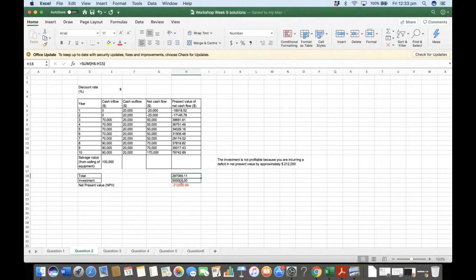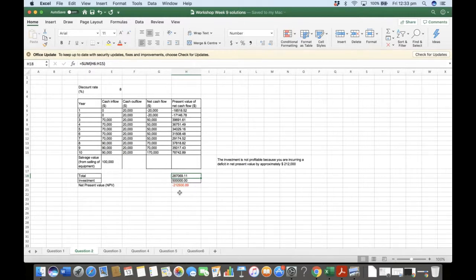Now, our initial investment was given to us as 500,000, and the cash flow generated here, you can see, is less than what has initially been invested. So again, just by looking at this, you can say that the project is not profitable because the income generated is less than what has been initially invested. And if you want to find the net present value, just take the total discounted cash flow minus the initial investment, which is a negative number, and this is your net present value.